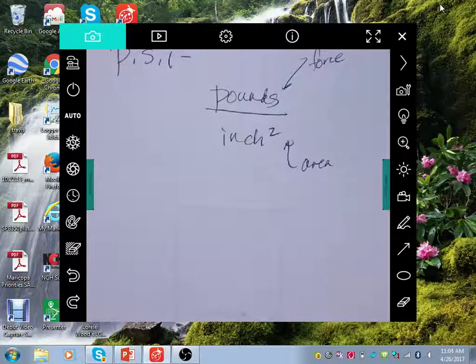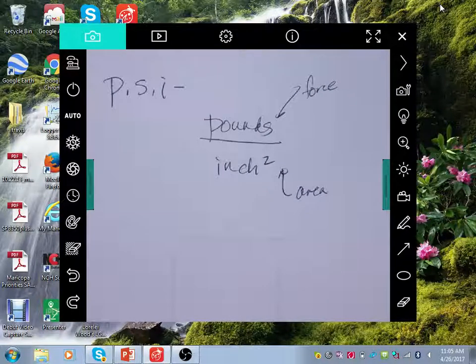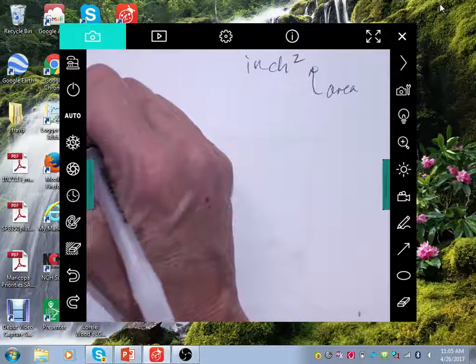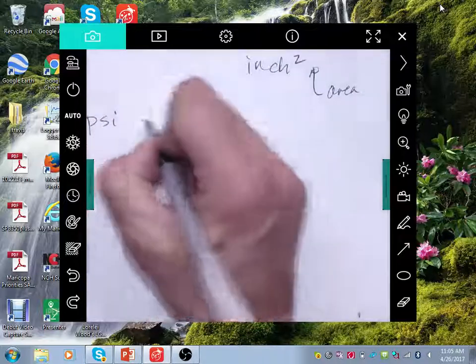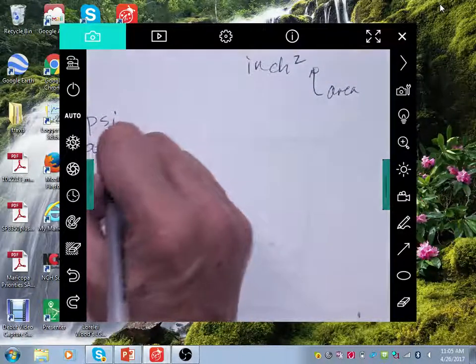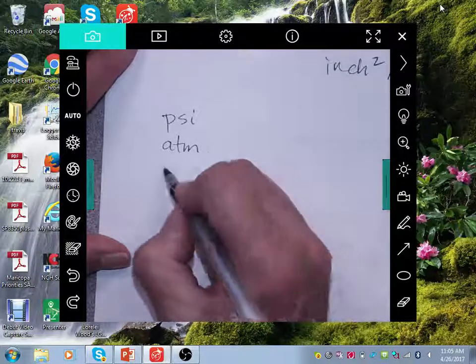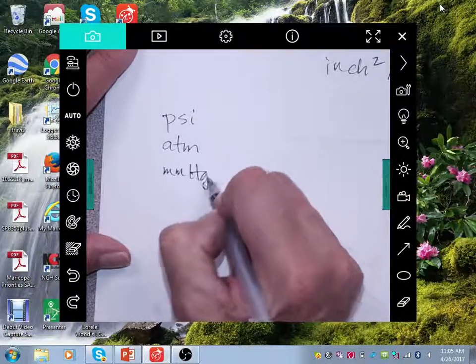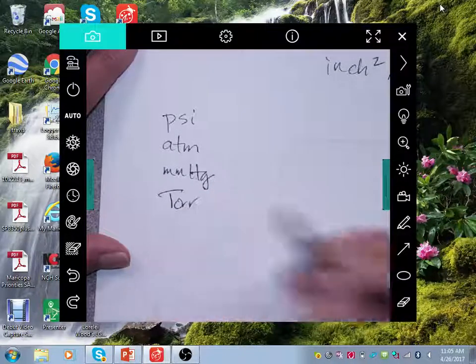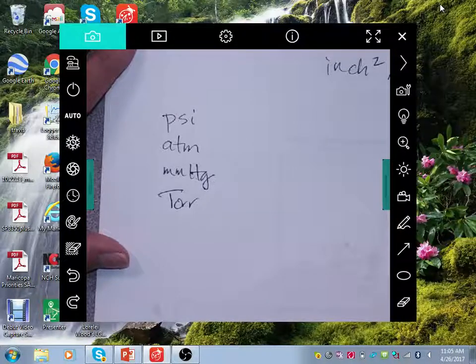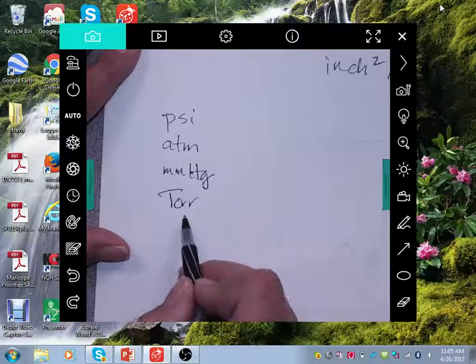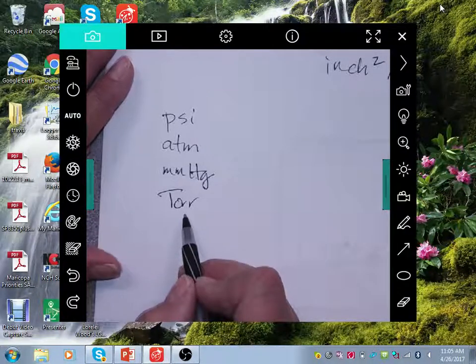And there's lots and lots of different units to compare pressure in. There's PSI. There is also ATMs. There is millimeters of mercury. There's torr, which was named in honor of, I think his first name was Vermicelli. He was an Italian fellow that did a lot of experiments in gas pressure, so they decided to name a unit after him.